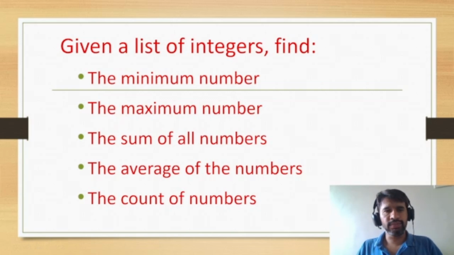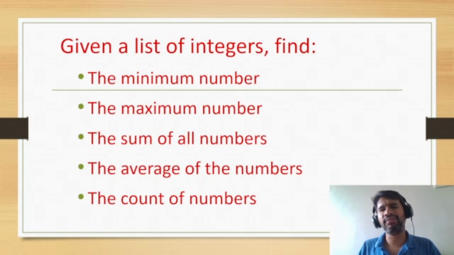So this is the next question. The question is we are given a list of integers. We have to find the minimum number, maximum number, sum of all the numbers, average of the numbers, count of the numbers, all those operations. Normally, to do all these things, we would have to create about 5 streams and perform the operations.